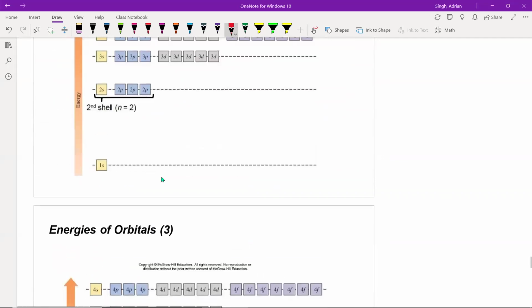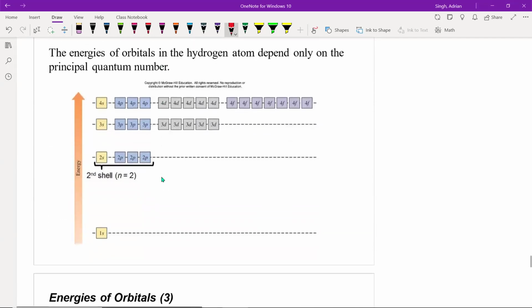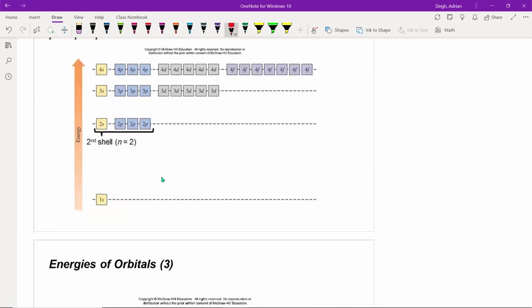For the first one, we've seen that in the first energy level there's only one orbital, that's the 1s orbital, and that's the lowest energy orbital that we have. As we get further and further from the nucleus, right? So this is n equals 1 over here, n equals 2, just like in the Bohr model, right? We get further from the nucleus, more energy associated with them as well.